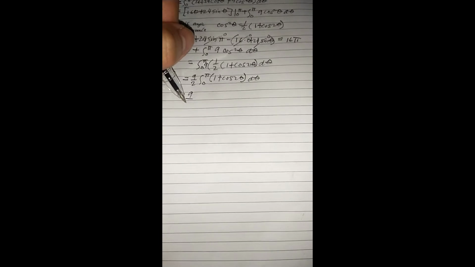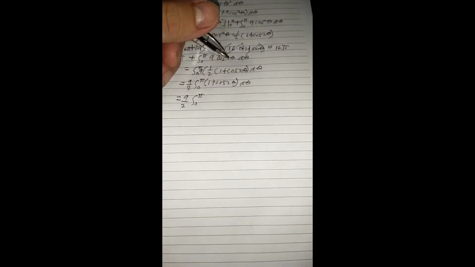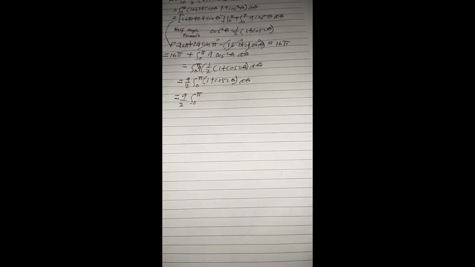So this is equals to 9 over 2 integral of 0 to pi... wait, no, this is wrong.